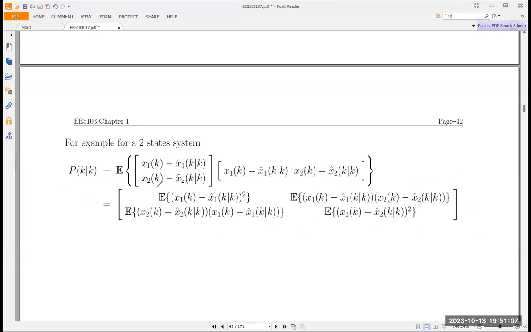Then you take the average of this, average of this, average of this, average of this. That's why we call the P in general, we call the covariance matrix. All right. If it's scalar, then we just call it, oh, that's a variance. But because it is a matrix, so we call it covariance matrix.